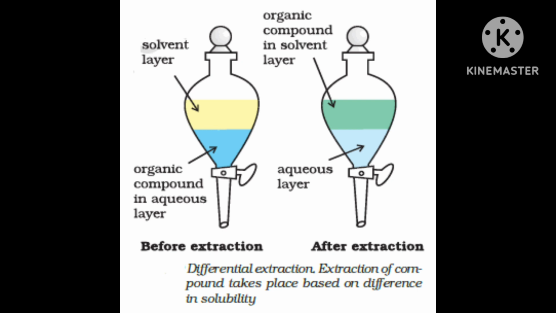Suppose a mixture of three compounds was there that you want to separate. When you pass the solvent, any one compound of the mixture may dissolve more than the other two. Means all will not dissolve in the same ratio. One may dissolve more, another less, another further less.